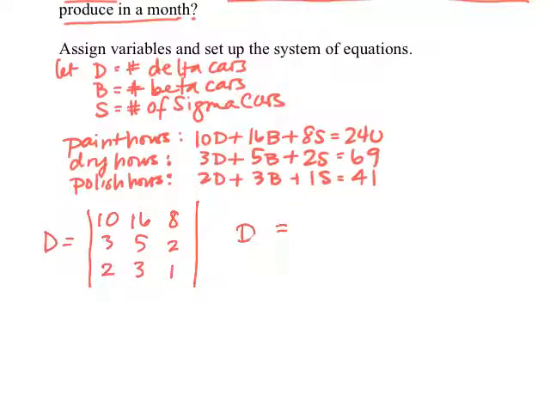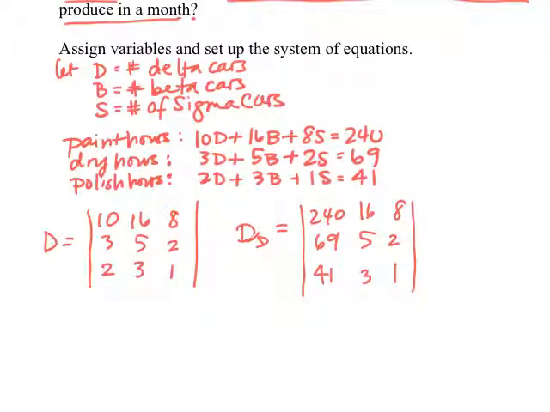It's D sub D because this is about your deltas to solve for D. And this determinant replaces the first column with your solutions. This is why we do not want to find these determinants by hand. They're very large calculations. And then we have D sub B.